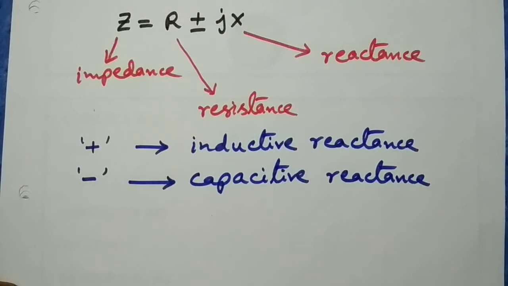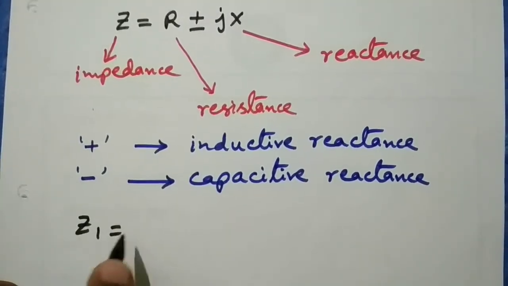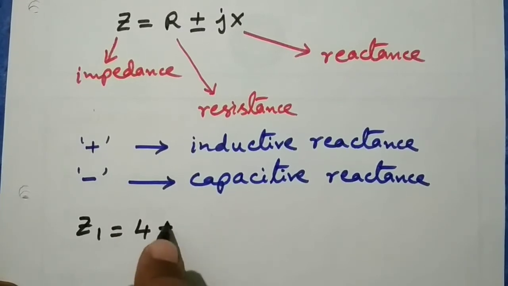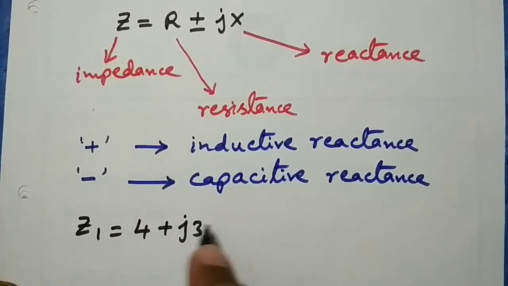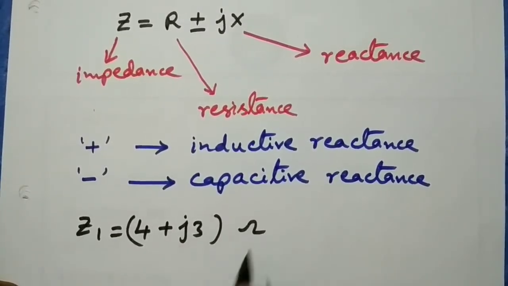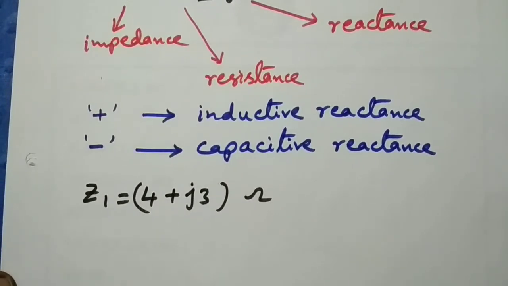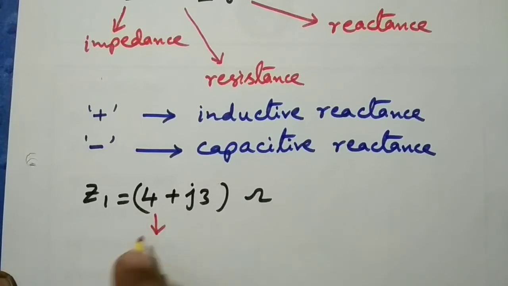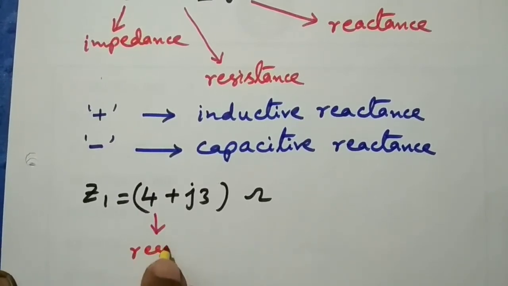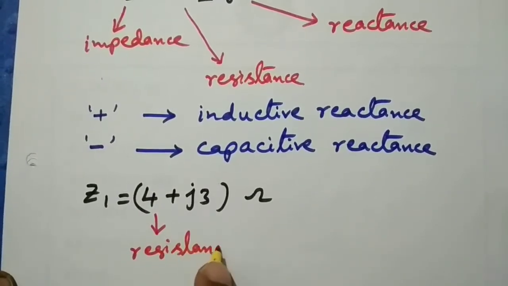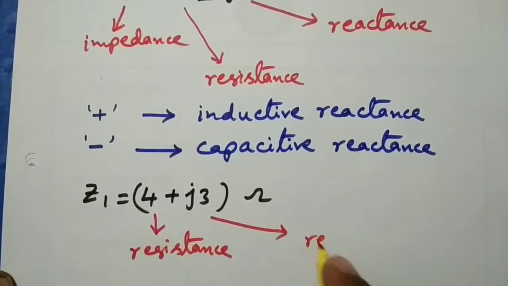Suppose I take some example, Z1 is equal to 4 plus J3 ohms. So here the 4 is the resistance and 3 is the reactance.